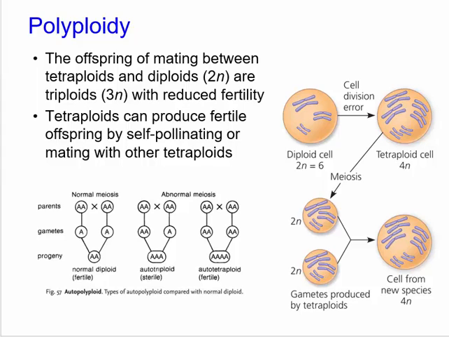However, a tetraploid that can self-pollinate, again, we're talking mostly about plants here, or by chance mates with other tetraploids, will produce tetraploid offspring, right? And those individuals are potentially equally fit or certainly fertile relative to the parental generation.